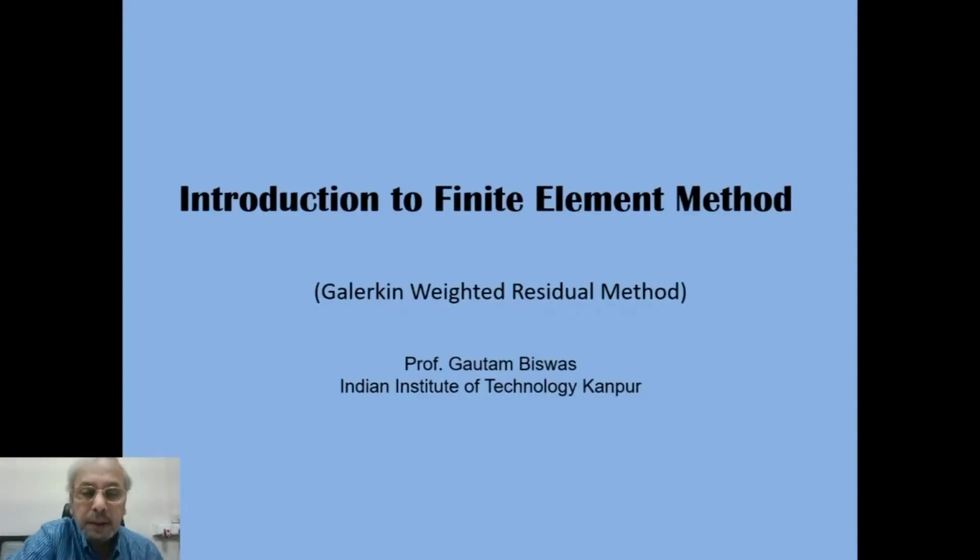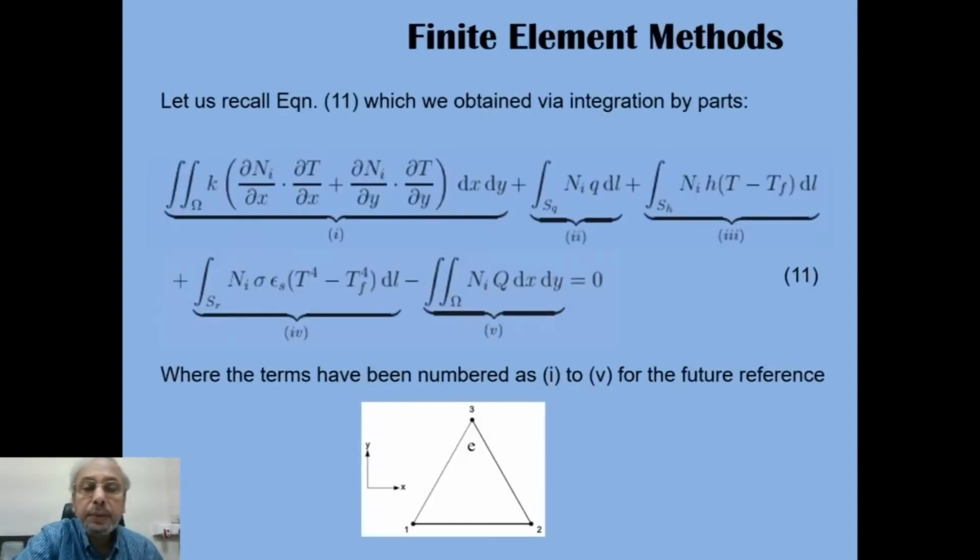Good morning, everyone. Today we will continue our lecture on finite element method. If we recapitulate what we did in the last class, basically we evaluated the residue equation through integration by parts, and then applying the boundary conditions, and we got equation 11.